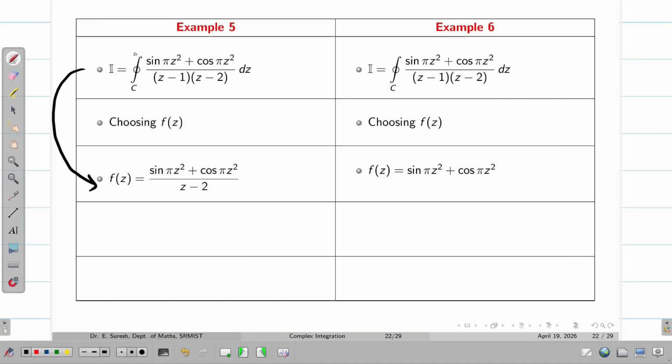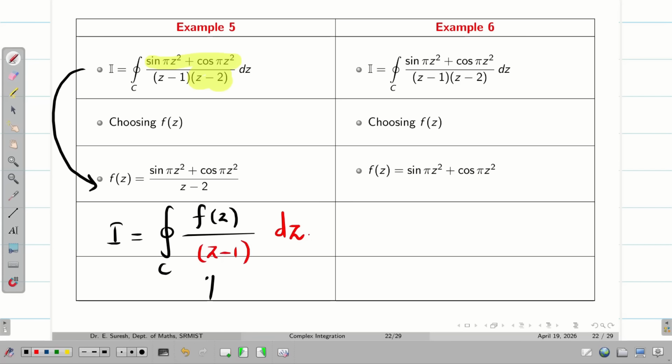Now comparing these two, I can write this as I is equal to integral over C of sin pi z square plus cos pi z square divided by z minus 2, that is my f of z, and in the denominator we have z minus 1, dz. This is of the form of the Cauchy integral formula. By applying the Cauchy integral formula, we can achieve the solution.